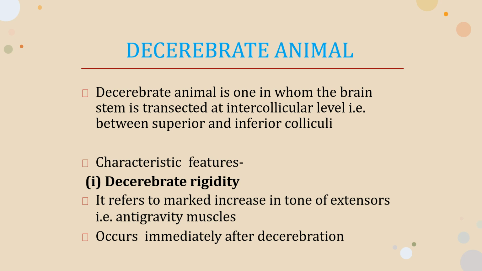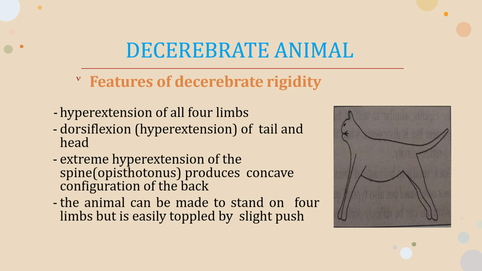So first of all, what is a decerebrate animal and what are its features? Characteristically, decerebrate rigidity refers to a marked increase in tone of extensors, that is anti-gravity muscles, which occurs immediately after decerebration. How does the decerebrate rigidity look?